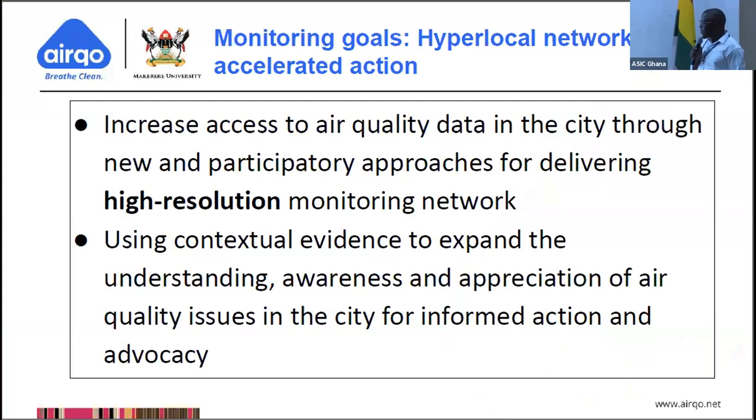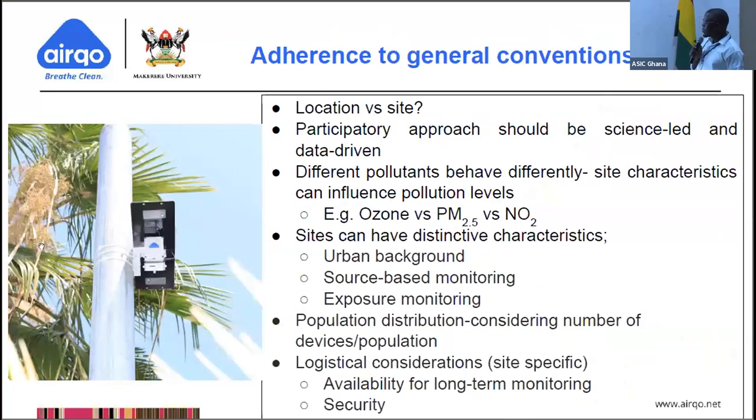Next, please. All right, so one of the things that we always try to adhere to is the general convention rule, like location versus site. So when you're doing this, you should understand what is the location and what's the site. You may find that the site is just where you plant the device, while the location may be the whole area. I'm not so good with Ghana, but let me say there's a big place here.